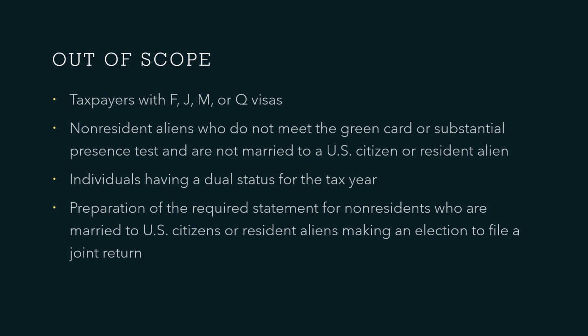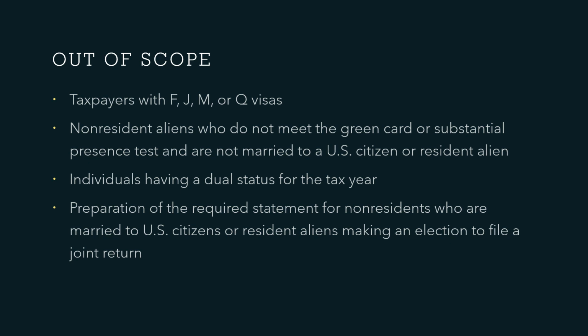Also, non-resident aliens who do not meet the green card or substantial presence test, and they are not married to a U.S. citizen or resident alien. If you remember, the form that they would be filling out is Form 1040-NR for non-resident, and we do not provide services for that form in our program, so that is out of scope as well.